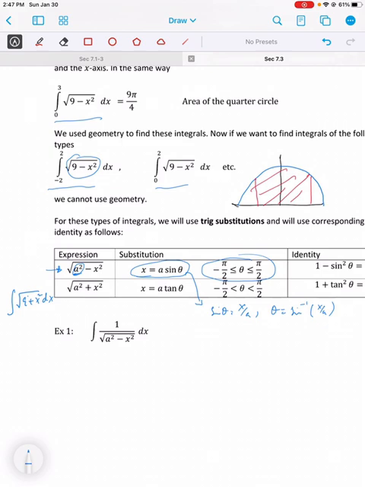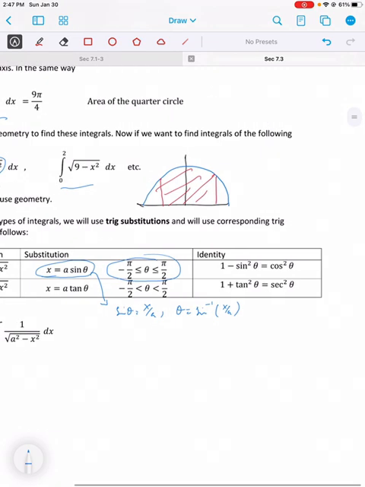Note here, you cannot use the substitution u equals 9 plus x squared because that won't help you, and that's why in these special cases we use the trig substitution. And again, theta is restricted between -pi over 2 and pi over 2, and the identity that we will be using is 1 plus tangent squared theta equals secant squared theta.